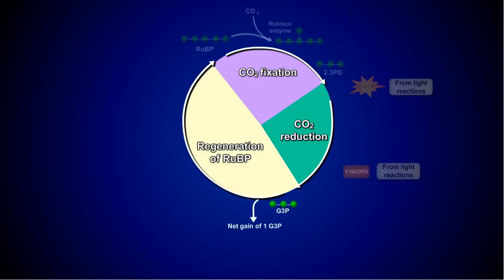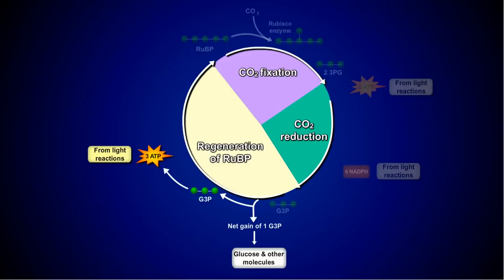One of the G3P molecules is set aside to be used as a building block for glucose, but the majority of the G3P molecules move forward into the 3rd phase of the Calvin cycle. In this phase, ATP is used to combine the rest of the G3P molecules to form RUBP molecules. This RUBP can then combine with additional carbon dioxide molecules, continuing the carbon reactions.